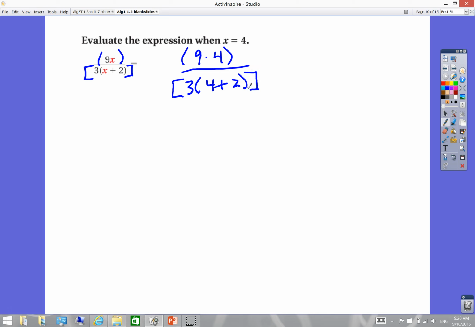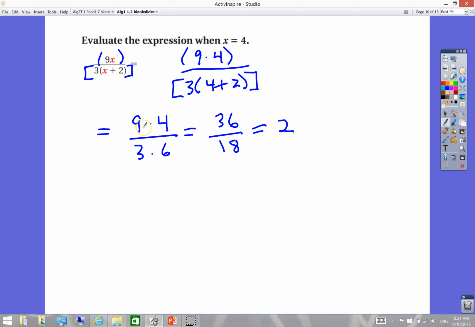I'm not going to simplify the numerator yet. I'm just going to write it like this. Is that right? Looks right. Okay, so now in the numerator, I'm going to simplify this by going 9 times 4 is 36. Denominator is 3 times 6, which is 18, which makes this whole thing 2.